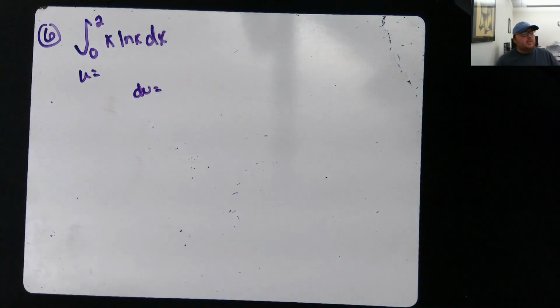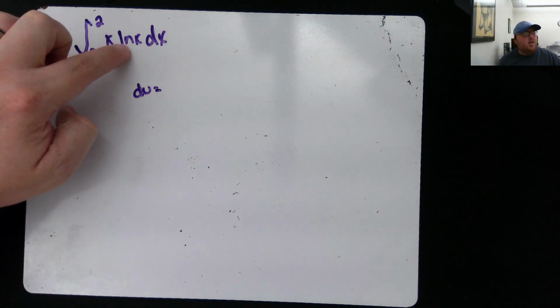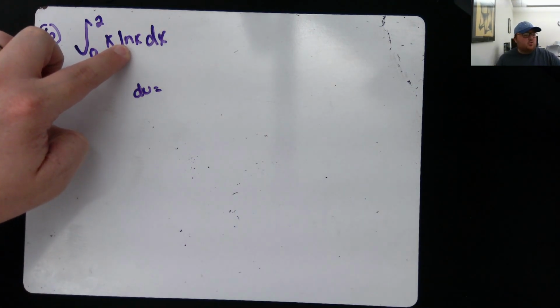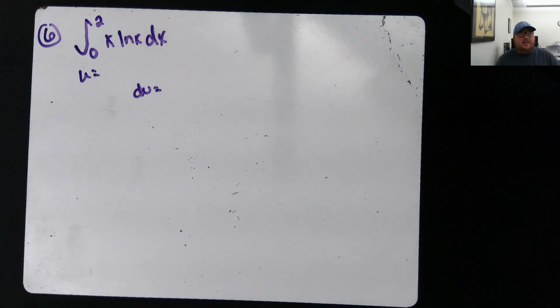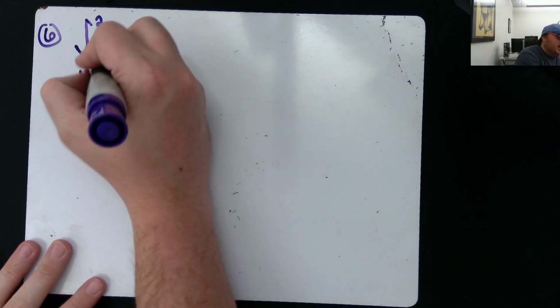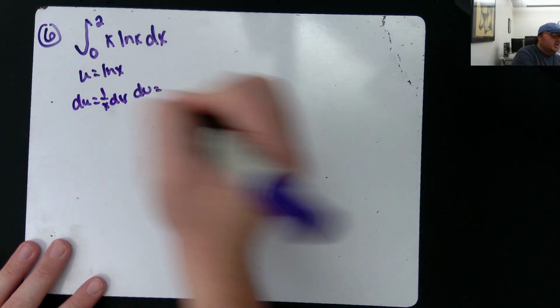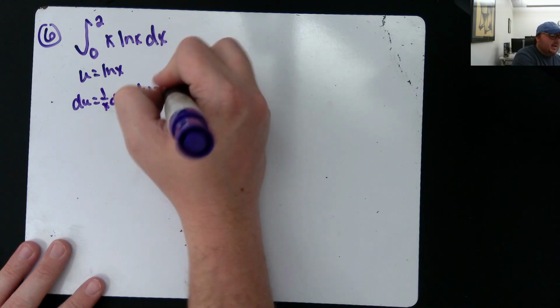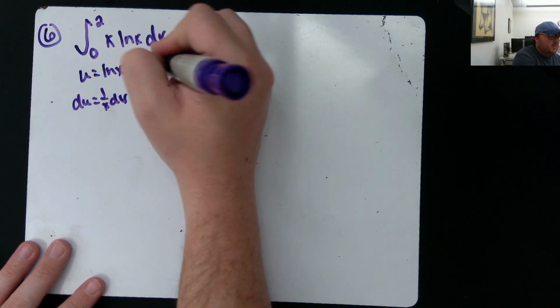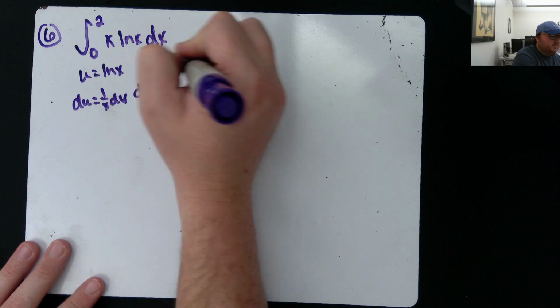Remember, we talked about this, that whenever I have the natural log of x, I can't take the antiderivative of that. So the natural log always has to be my u. So du is 1 over x dx. That means dv has to be an x. The antiderivative of that is 1/2 x squared.